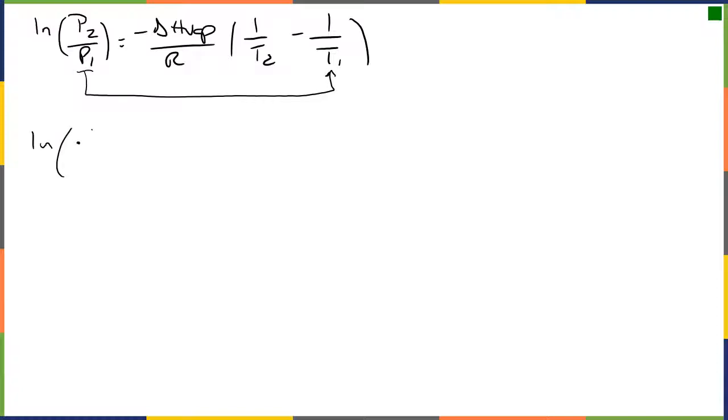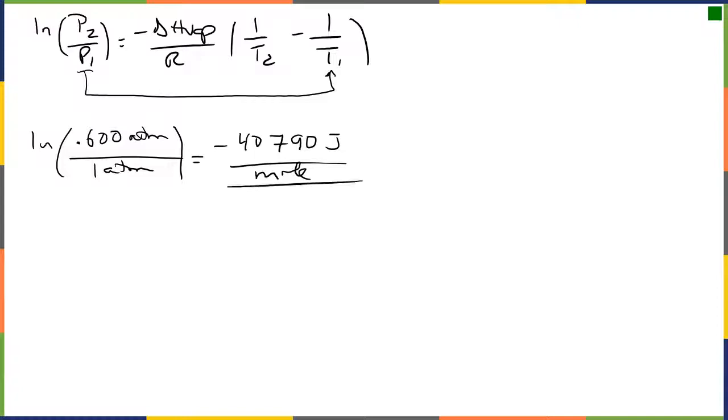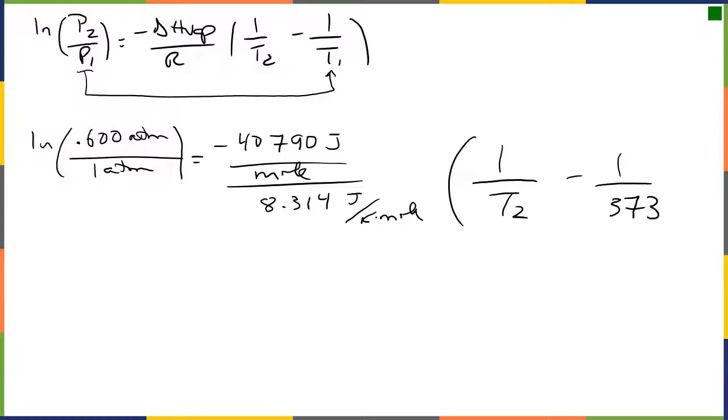We have the natural log of 0.6 atmospheres over 1 atm is equal to minus 40790 joules per mole divided by 8.314 joules per Kelvin mole, multiplied by 1 over T2, which is what we're solving for, minus 1 over 373.